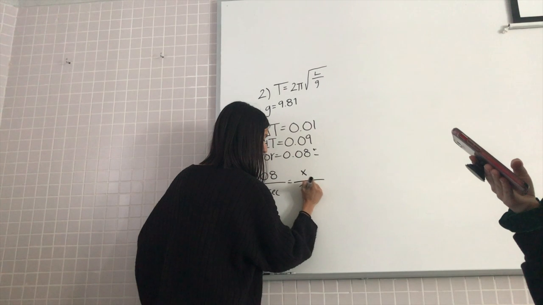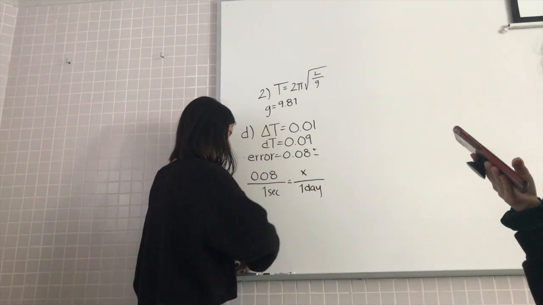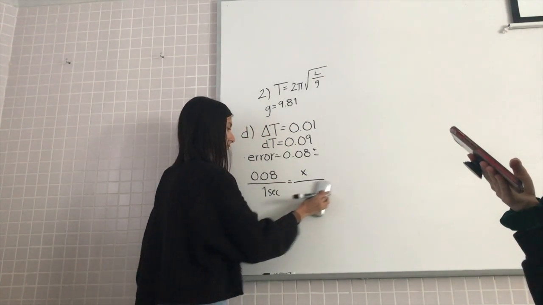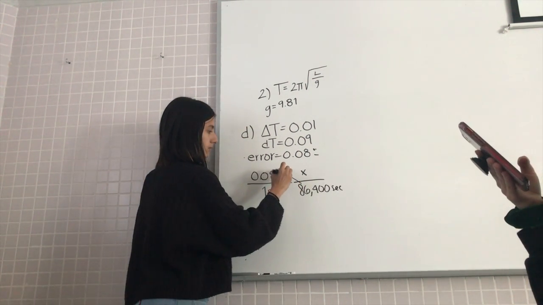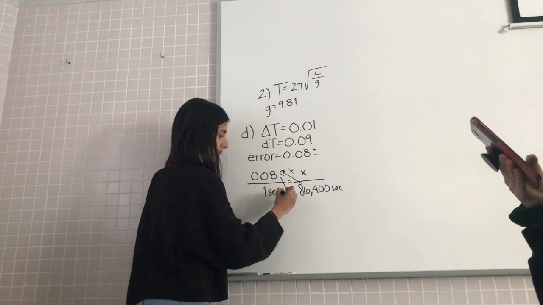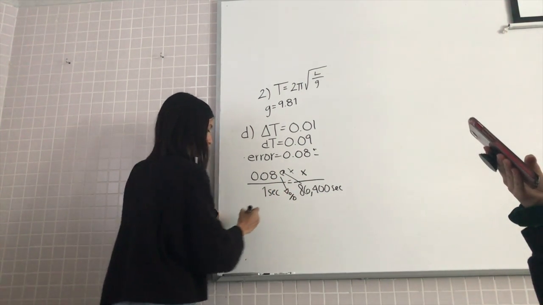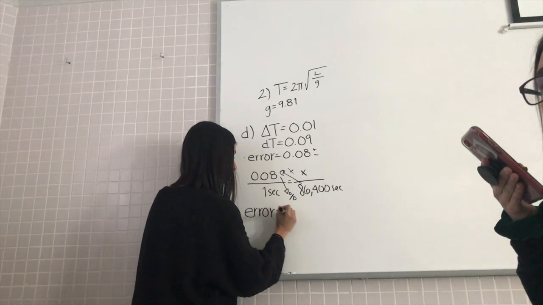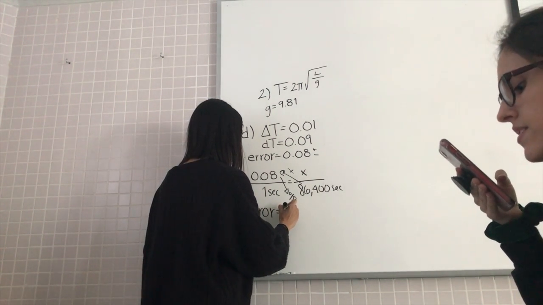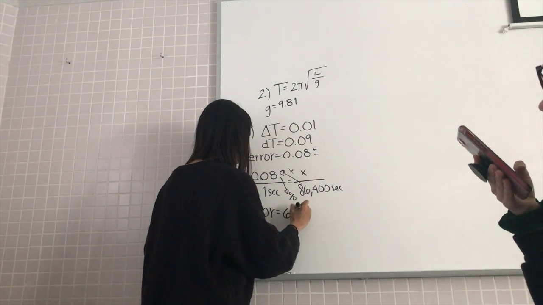And we know that there are 86,400 seconds in 1 day. You multiply it by 0.08 and divide it by 1. And this gives you that the approximate error of the pendulum clock in 1 day is 6,912 seconds.